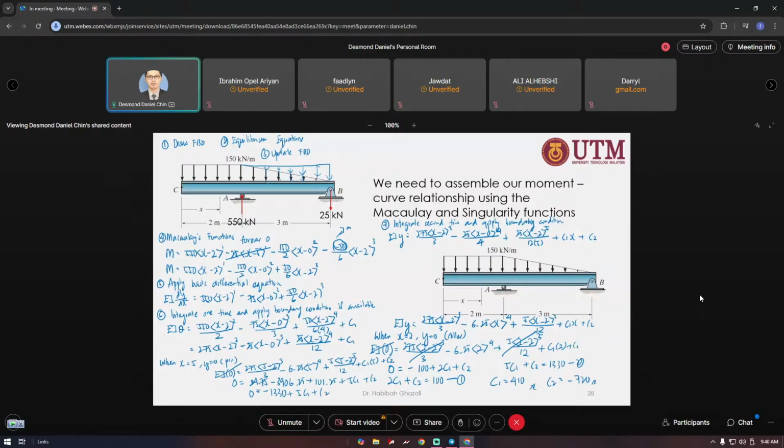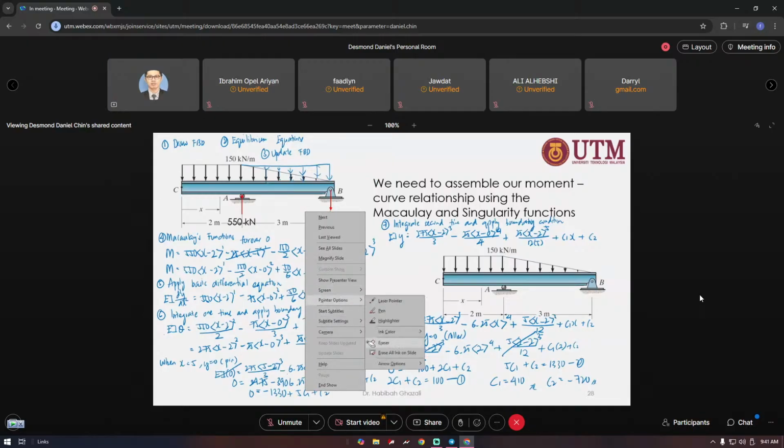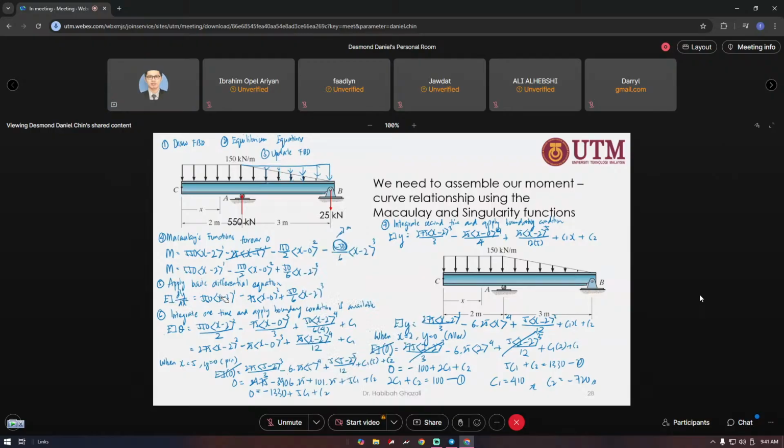So my final equation will be, I don't have enough space. I can delete this part because I think you have done this anyway. In this part I can delete this part.